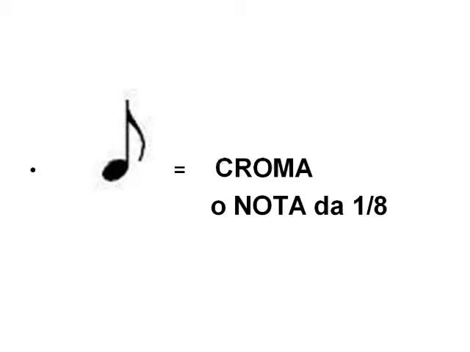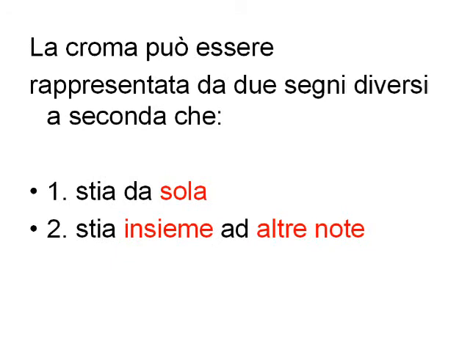It is important that we distinguish two different situations. For the first 3 kinds of notes we have introduced, the quarter note, the half note, and the whole note, we always use the same symbol to represent them.